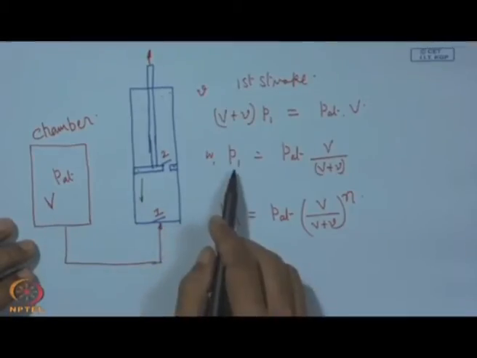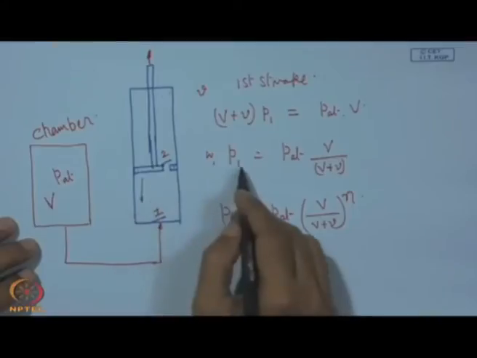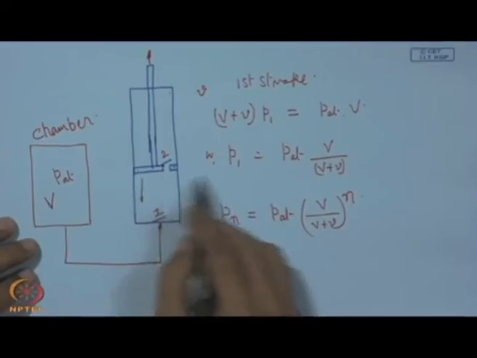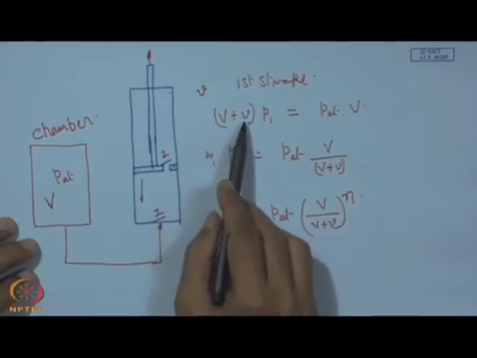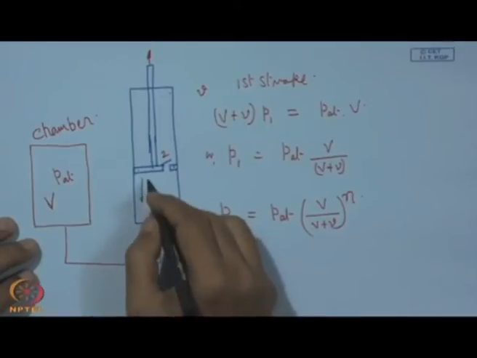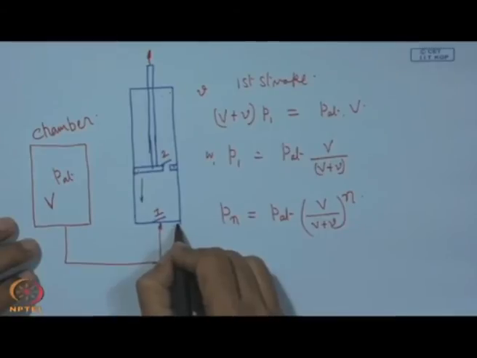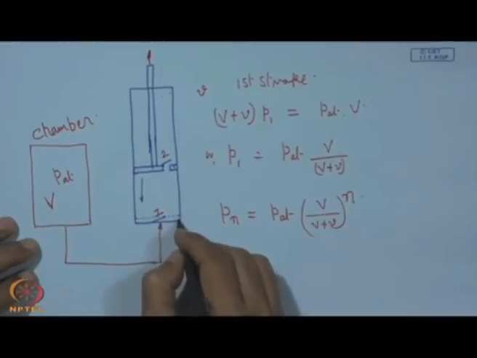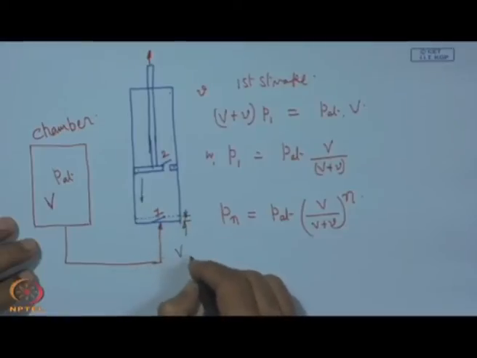This is at P1 pressure, but this pressure P1 will keep on increasing because of the change in volume, and it will be squeezed. Now, the piston cannot come all the way to this surface, so there is some clearance left and it will come up to this point. This is actually called the dead volume, Vd.